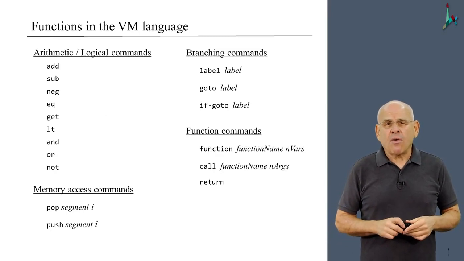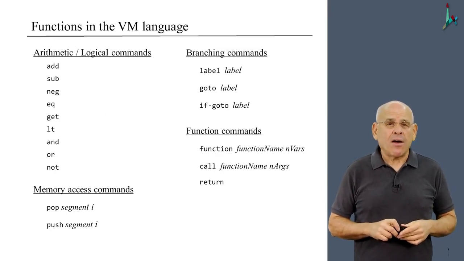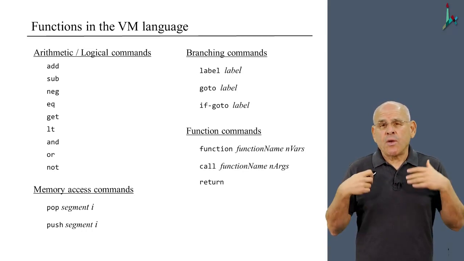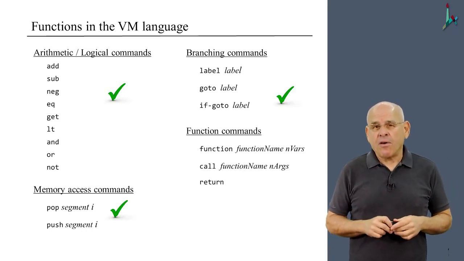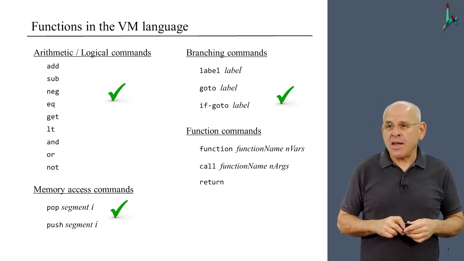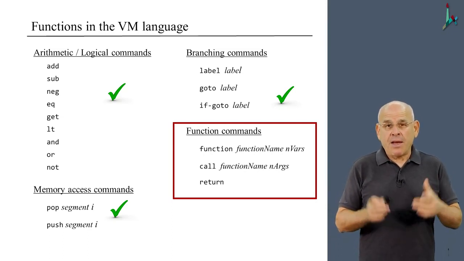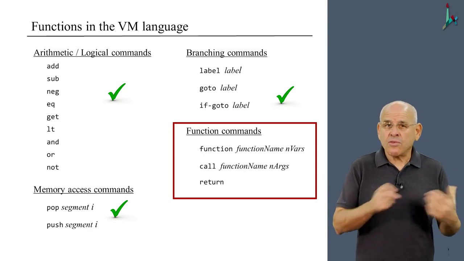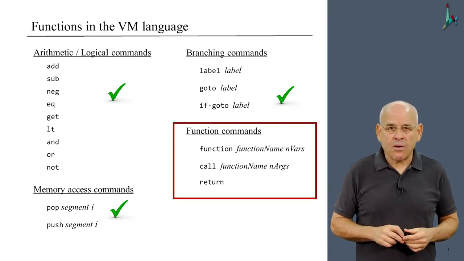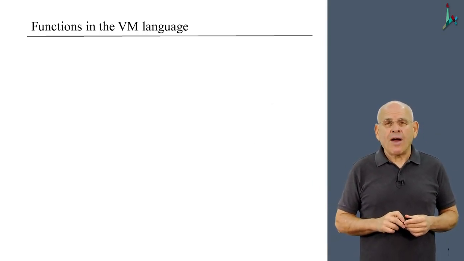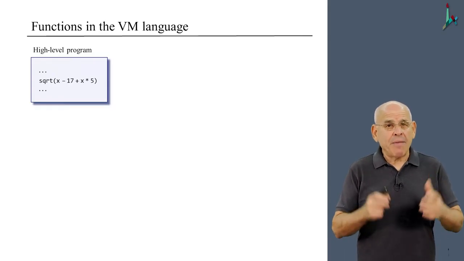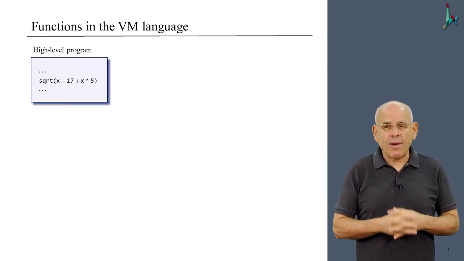All right, so moving to our VM language, we already took care of all the commands that you see here, and now we are finally beginning to talk about how to use and how to implement the notion of functions. So here's an example of where functions come into play.